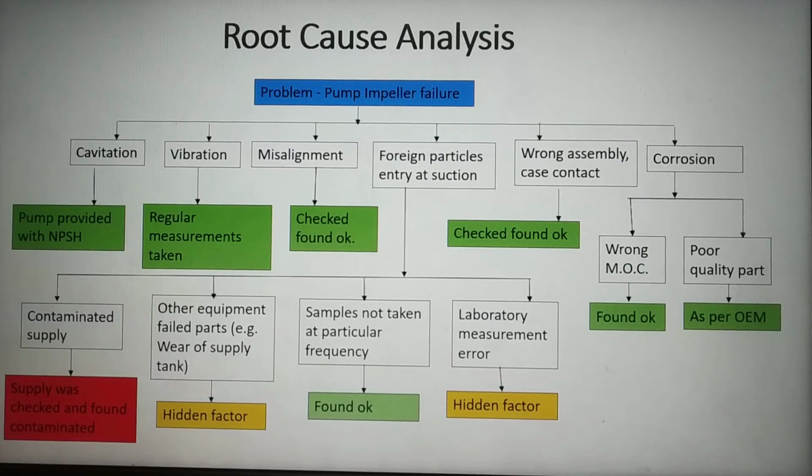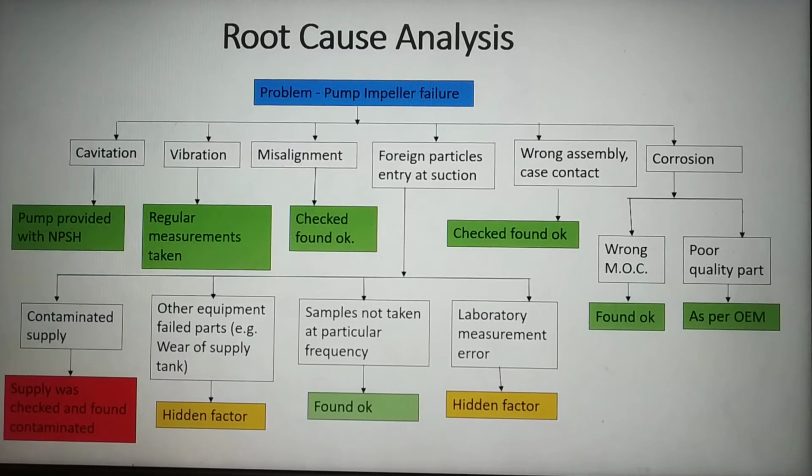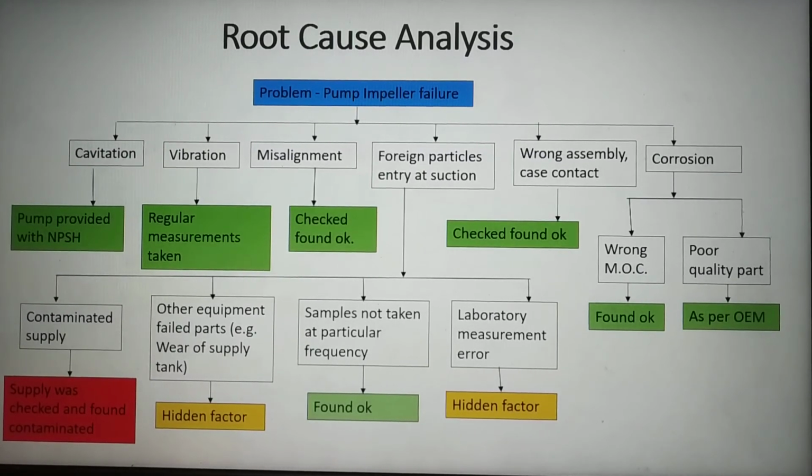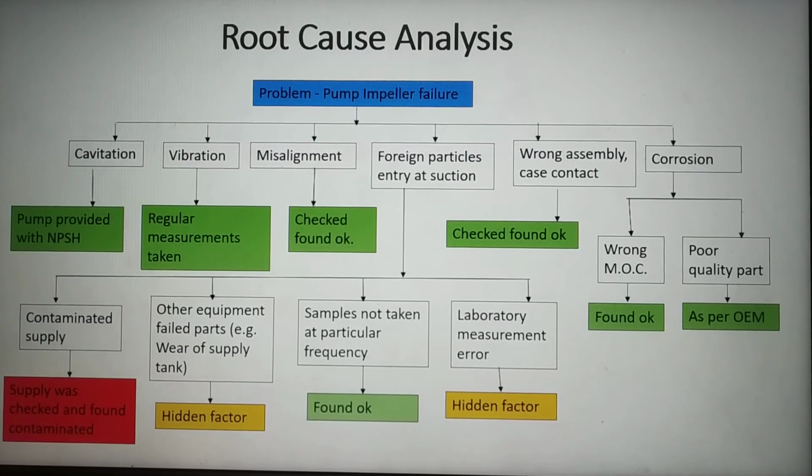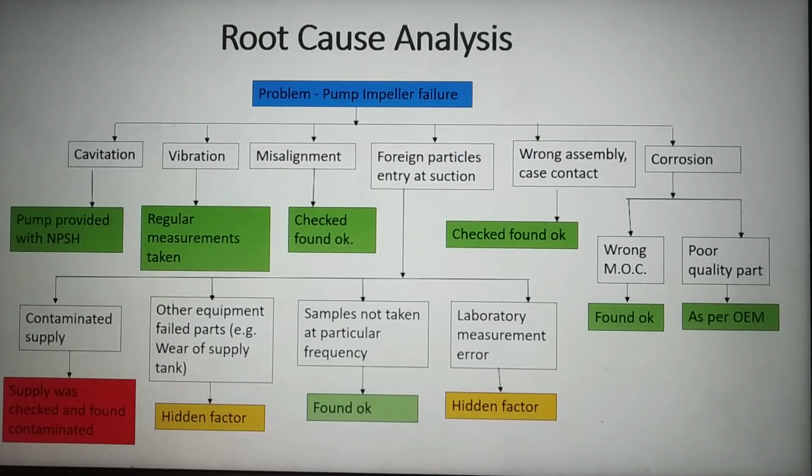Again, if this did not affect the pump impeller failure, then we are going to check the next. So the purpose of this root cause analysis is to find the cause and correct it so that it will not happen again. Thank you.